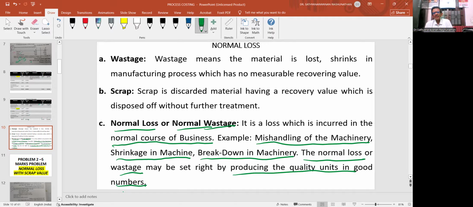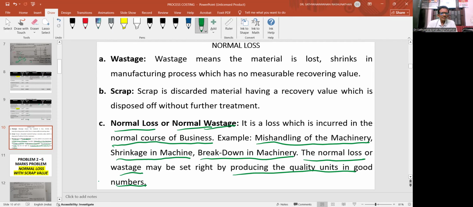You have to train and educate them how to handle the machine. Only if you give proper training can they produce good quality units in good numbers. In this way, the normal loss can be set right.